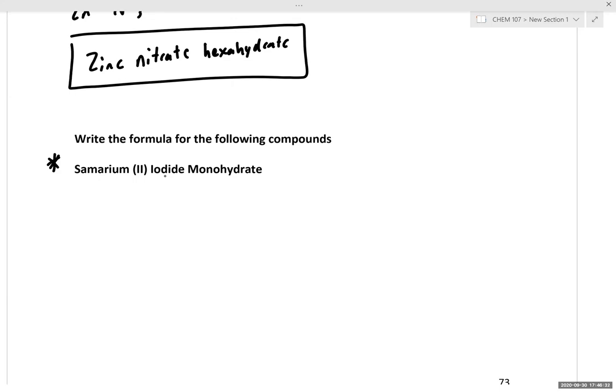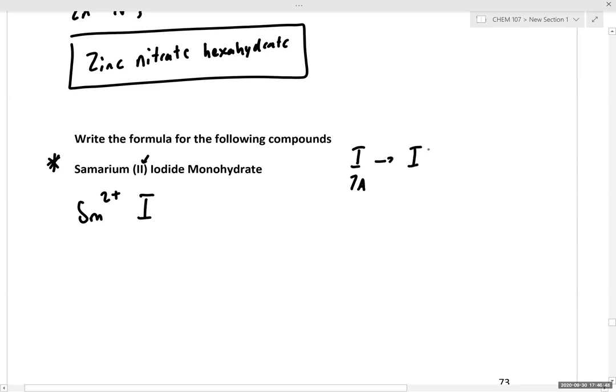Okay, so let's discuss this example. So samarium has the symbol Sm as a 2+ charge. Iodide is a derivative of iodine, and as we know, iodine, a group 7A element, forms I-. So we cross our charges. That gives us SmI2 monohydrate.